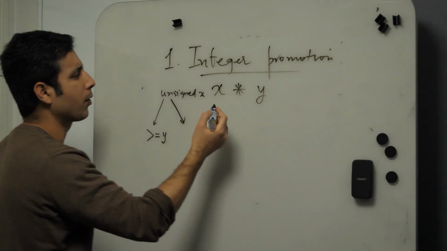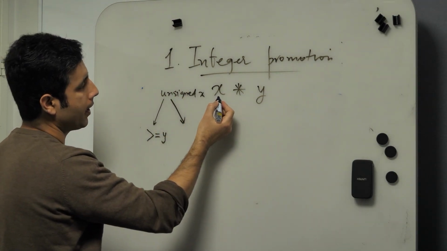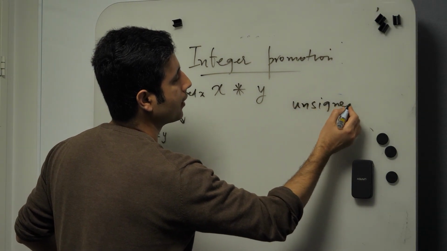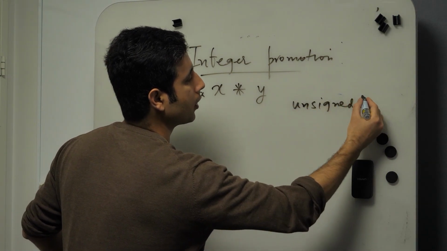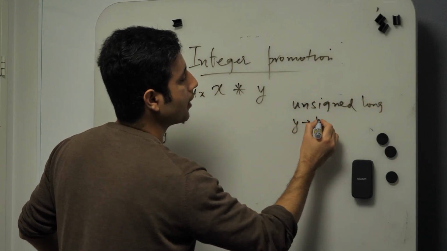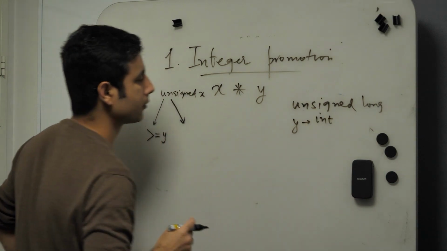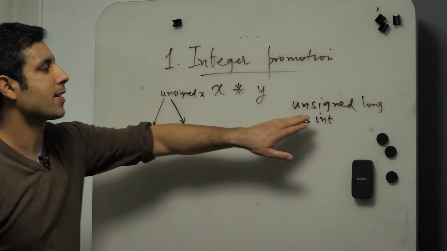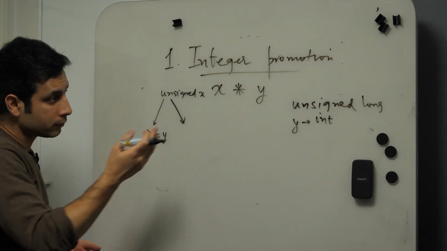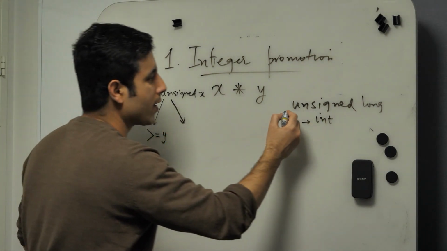The case could be, for example, x is unsigned long and y is an int. Unsigned long has higher ranking, so in that case the common type is obviously unsigned long.